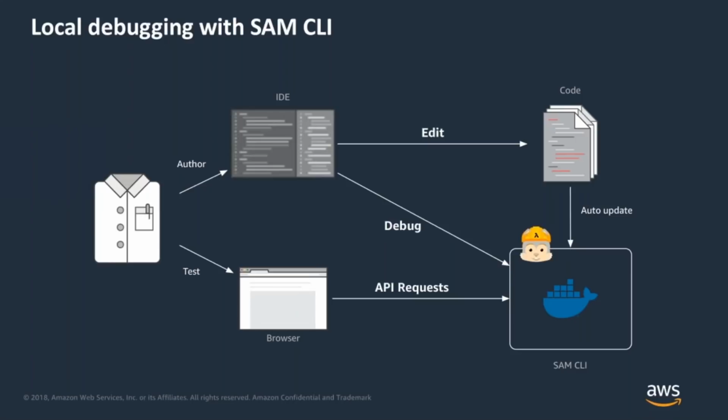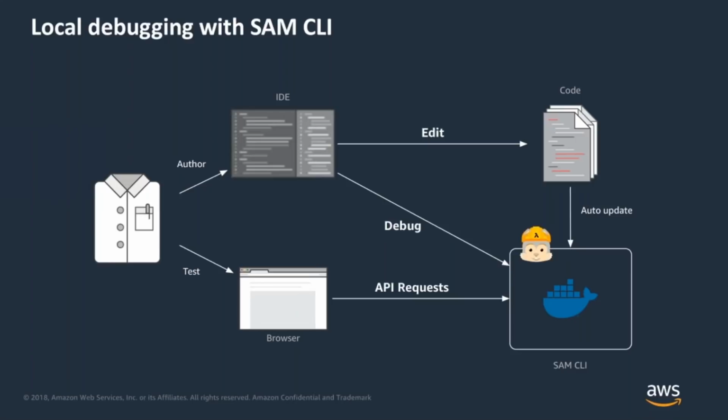So then you can run an entire system locally that's emulating the standard Lambda runtime, and then connect the debugger to that, since now it's just a Docker container running on your local environment. So this gives you the ability to get that standard debugging model that we're all used to using without having to write a bunch of extra code to manage the emulation of the Lambda runtime itself.